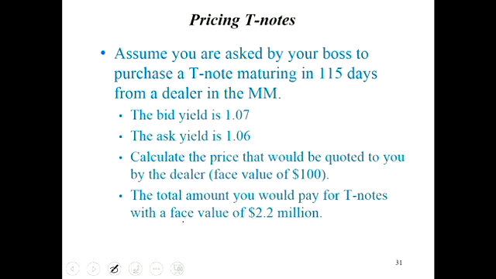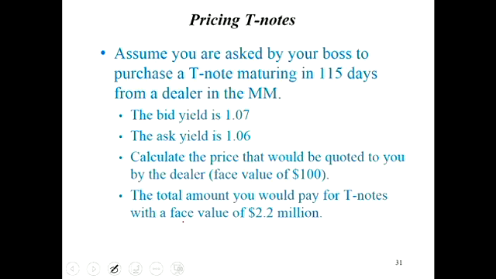I am asking for this much money. The other one is, I'm putting a bid out there. I want to buy. From the dealer's point of view, a bid is he is willing to buy, and ask, he is willing to sell. And so in this case, we'd use the 1.06%.